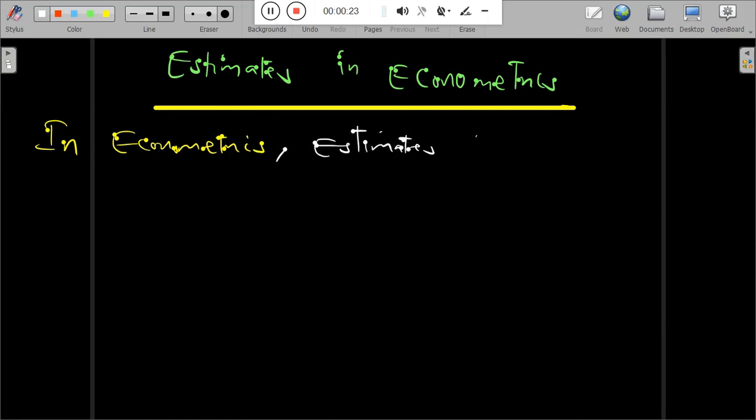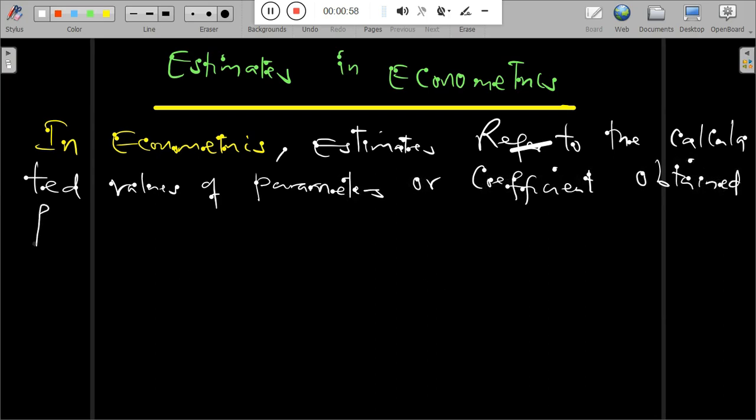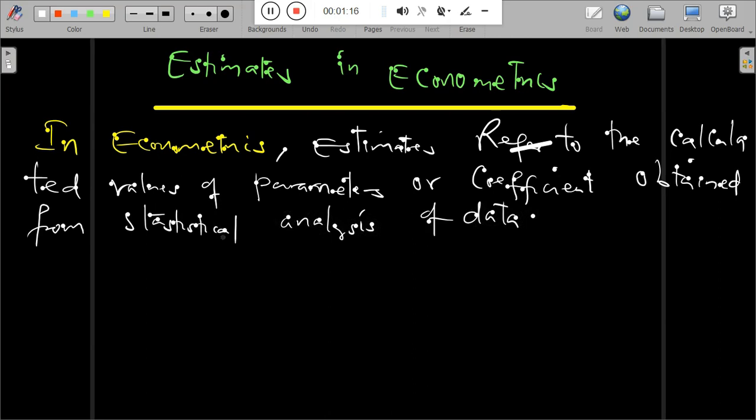So today we are going to talk about estimates in econometrics. So far, estimates refer to the calculated values of parameters or coefficients obtained from statistical analysis of data.